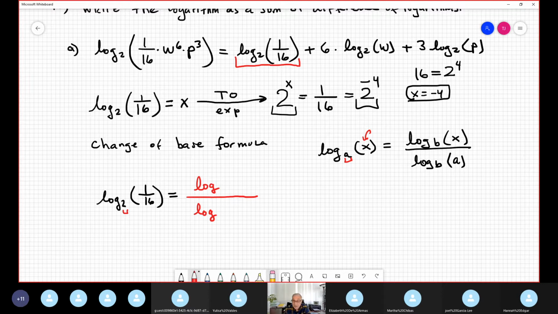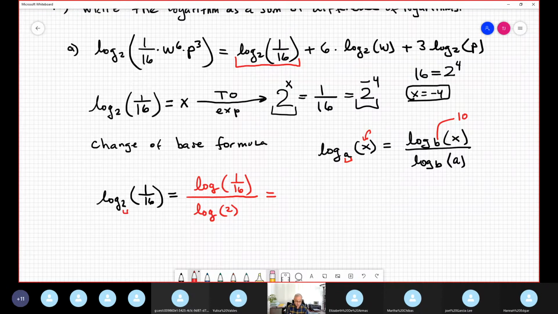So the new base is 10, maybe. You put here x, which is 1/16, and here you put a, which is 2. Okay, so you translate from this confusing expression to one nice expression that states the relationship between the logarithm of a non-standard base, which is 2, and a standard base.